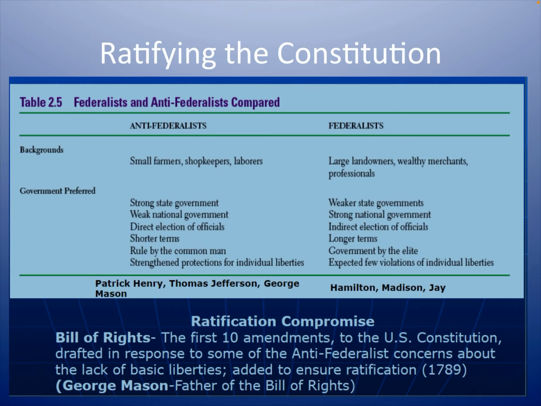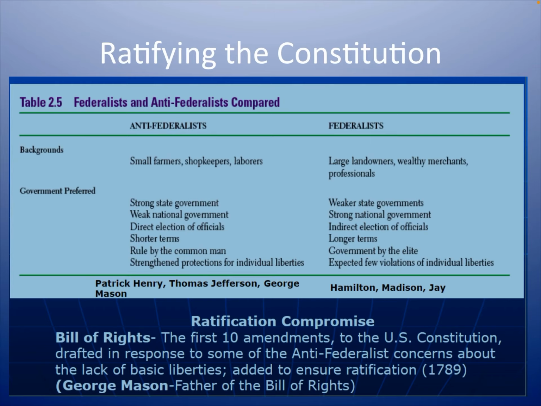They're going to want direct election of officials, so actually voting directly for the people who rule you. Shorter term limits, rule by the common man, not these elite, wealthy individuals, and really are going to push for things like individual liberties. And some of the major advocates for this will be people like Patrick Henry from Virginia, or Thomas Jefferson, or George Mason.